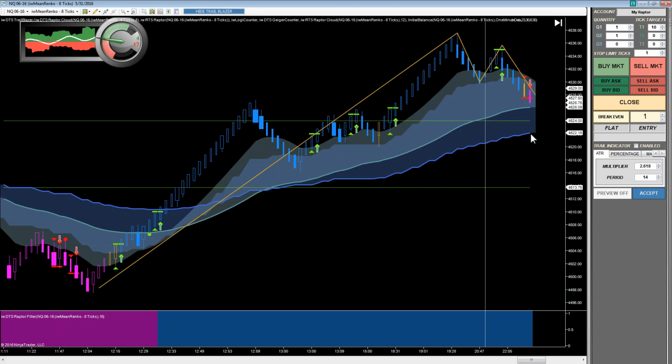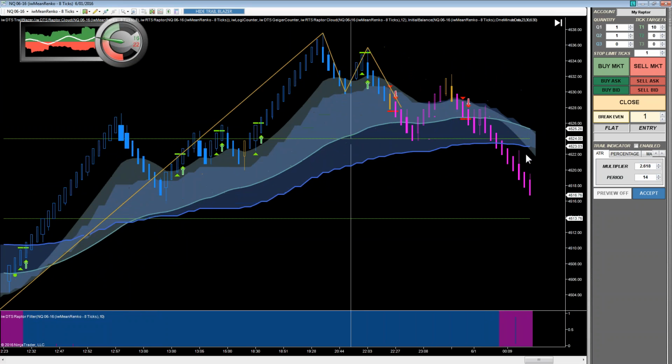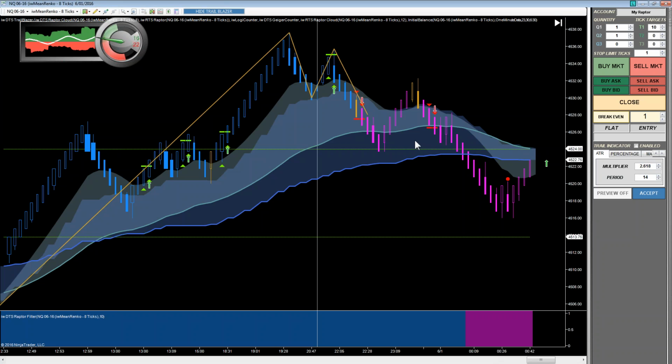Typically we expect it to retrace at least to the hard edge. However, very often when it produces this close, we get a little bit more follow through. And there you go. Took a little extra heat on it. Again, that's why we don't keep our stops ultra close. I don't believe in strangling trades.